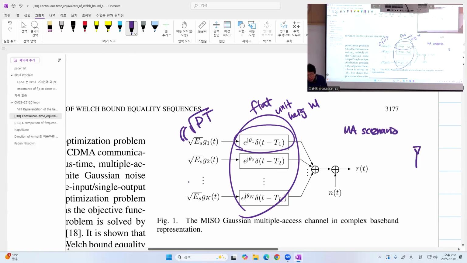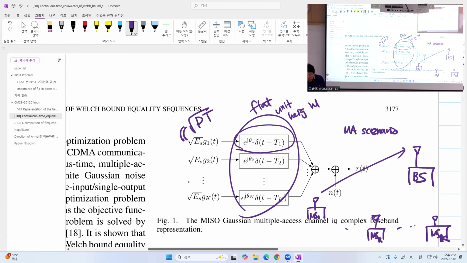So you have a single, for example, base station, and you have many different mobile stations, and they transmit signals without multipath. Got it?